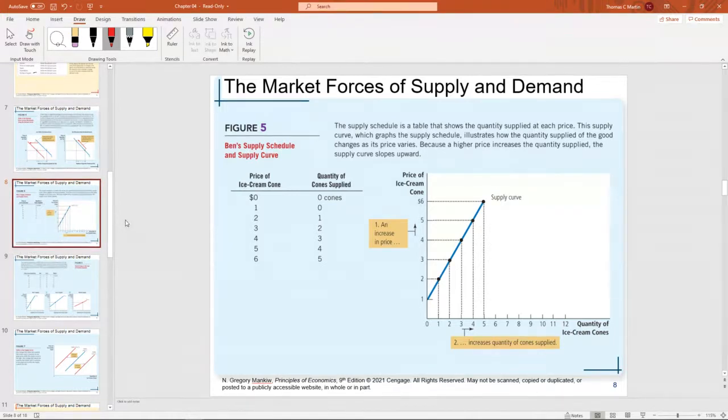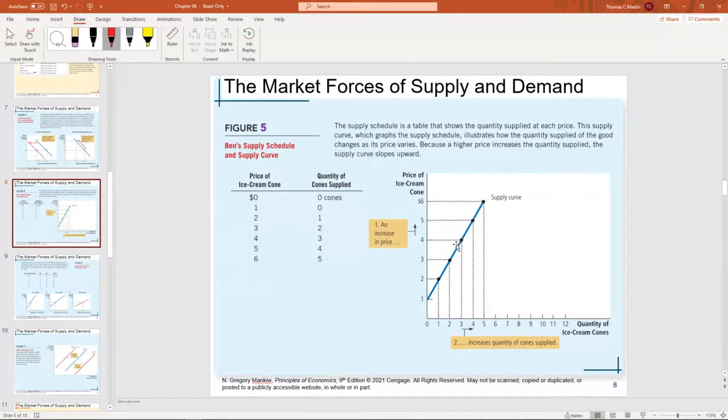So now we're looking at the supply curve. This is defined by the business or the producer of the goods. The product they're showing here, they went back to ice cream. The quantity of ice cream cones, that's your Q, and the price of ice cream cones, that's your P. We can see as the price goes down, they're willing to sell less.